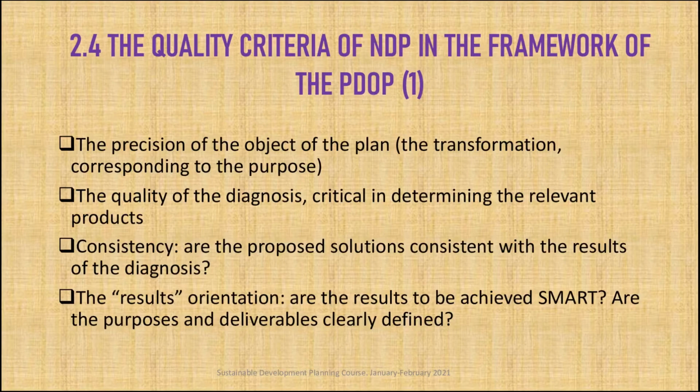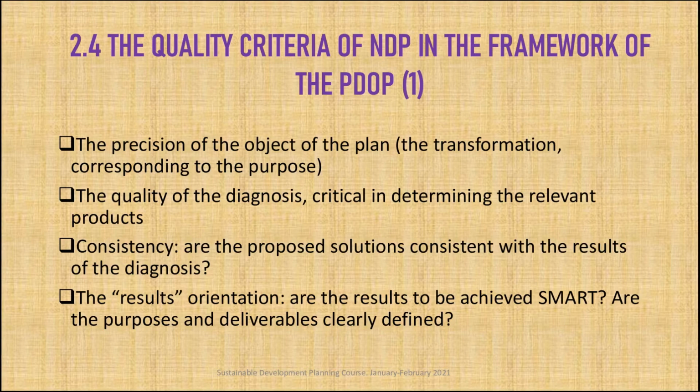So what are the quality criteria of the National Development Plan so obtained in the framework of the PDOP? The first is the precision of the object of the plan. The plan should be really clear about the transformation that is sought through the plan, the transformation corresponding to the purpose.